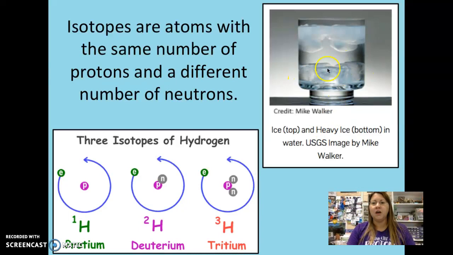So the heavy ice on the bottom, what do you think was used instead of protium? Probably one of these isotopes. So one of your isotopes, deuterium, is used to create this heavy ice, which when it's put in water, as you can see here, is more dense than the water. And that's because the mass has increased. The mass of that hydrogen atom has increased because of having that additional neutron.